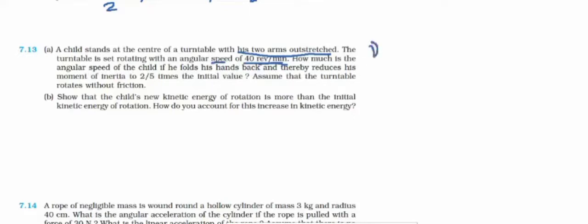So nu is given, initial nu1 is equal to 40 revolution per minute. Then how much is the final angular speed? You need to calculate nu2.